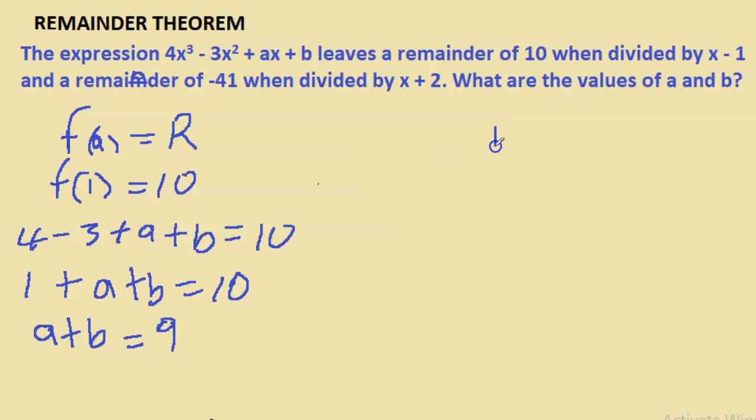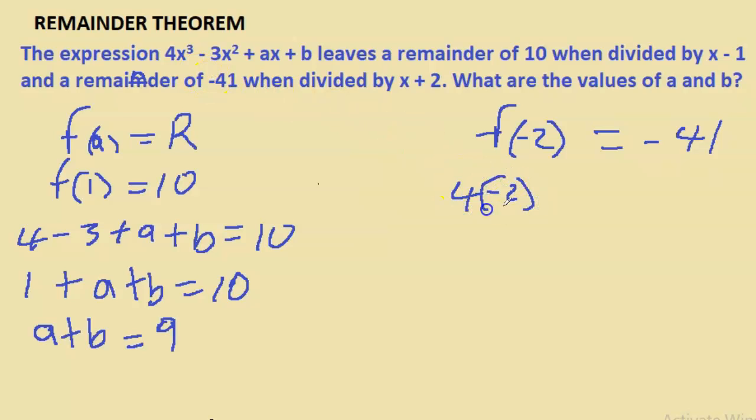So if you divide by x plus 2, to find the remainder, you'll find f of minus 2. And we are told that it leaves a remainder of minus 41. So f of minus 2, you substitute the minus 2 for the x here. Let me just put in everything right away.